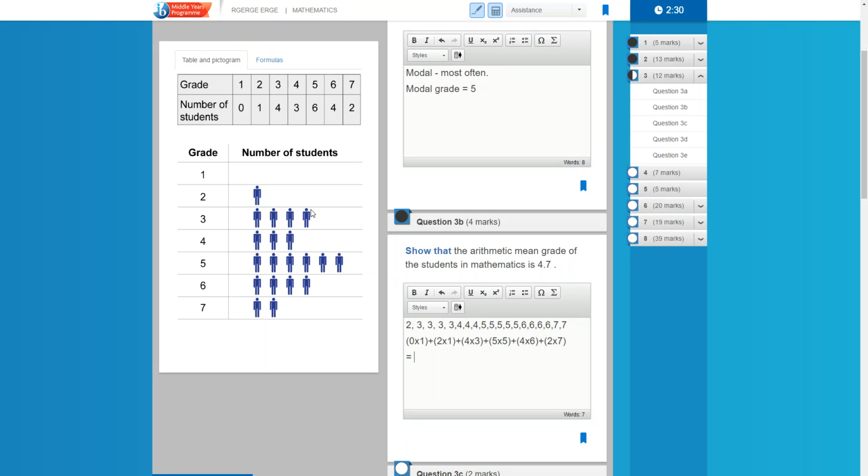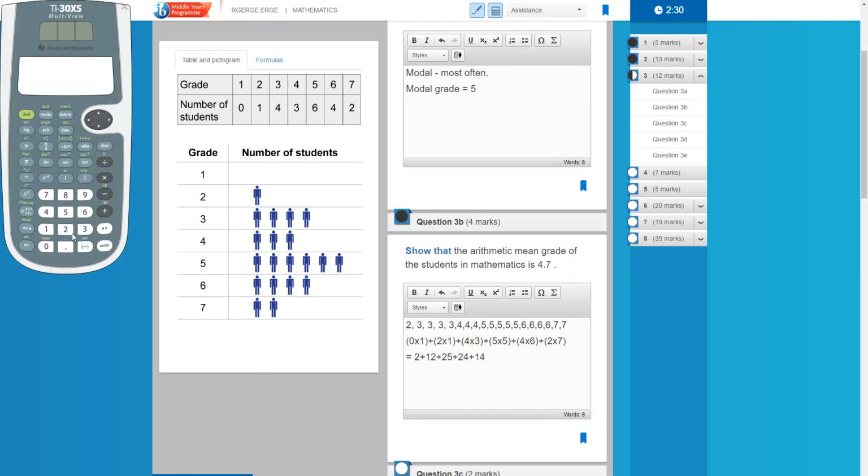So if I was to work that out, that's equal to 2 plus 12 plus 25 plus 24 plus 14. This point is probably easier just to put it on the calculator. 2 plus 12 plus 25 plus 24 plus 14 equals 77.